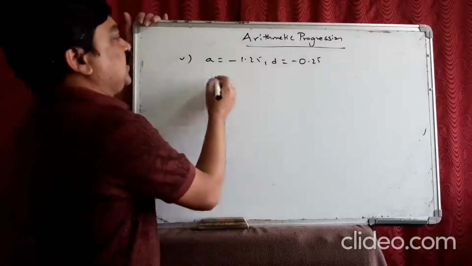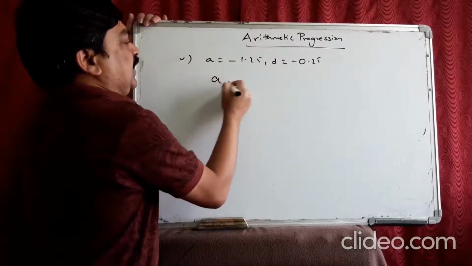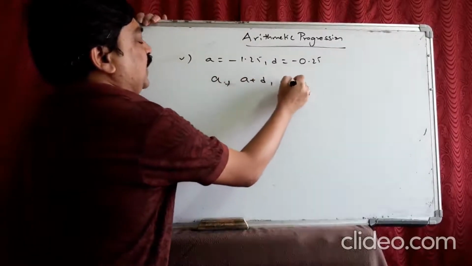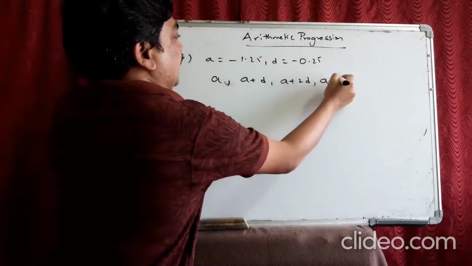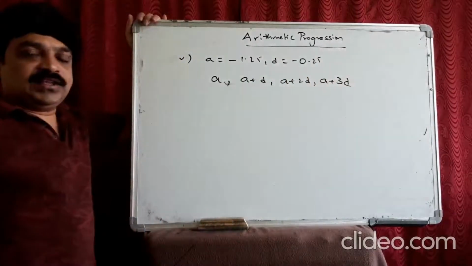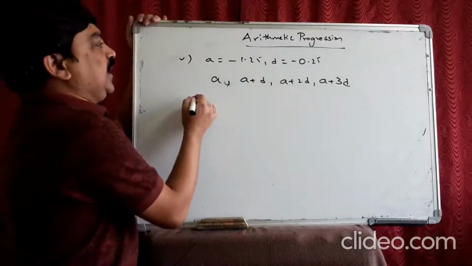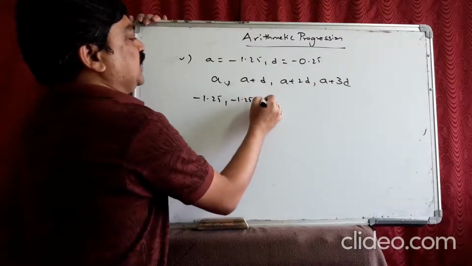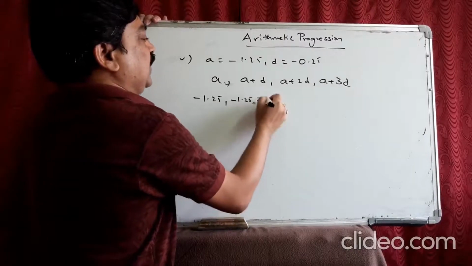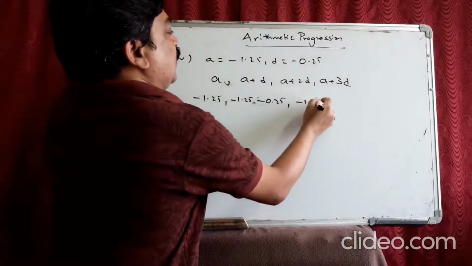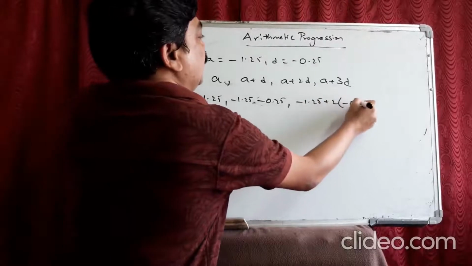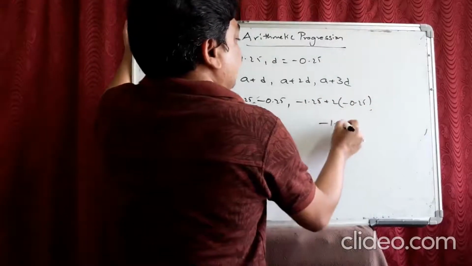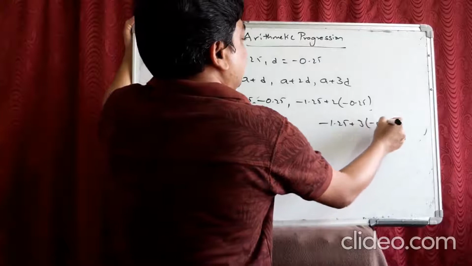First four terms: A, A plus D, A plus 2D, A plus 3D. Are these the first four terms? Okay. Minus 1.25, minus 1.25 plus minus 0.25, minus 1.25 plus 2 into minus 0.25, minus 1.25 plus 3 into minus 0.25.